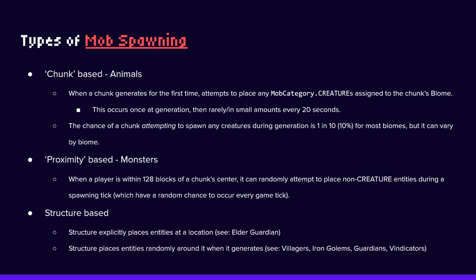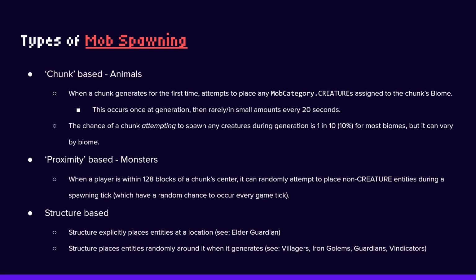And then you have proximity-based spawning, which is what monsters, sea creatures, basically anything that isn't a creature uses. When the player is within a certain proximity of a chunk, which is 128 blocks to its center, those chunks, when they tick, can randomly attempt to place any non-creature entities on them during a spawning tick. And then you have structure-based spawning.